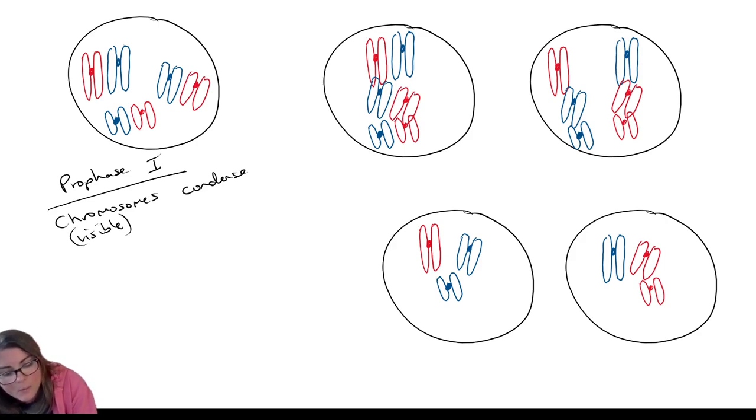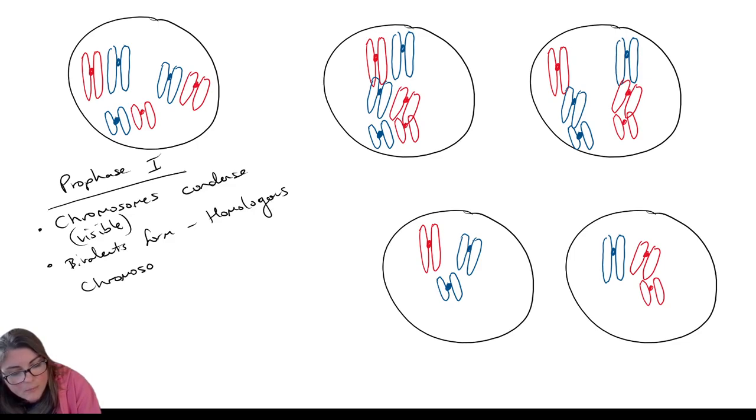What else have we got? They will line up together and form bivalents. Or another way of putting that is the homologous chromosomes pair.